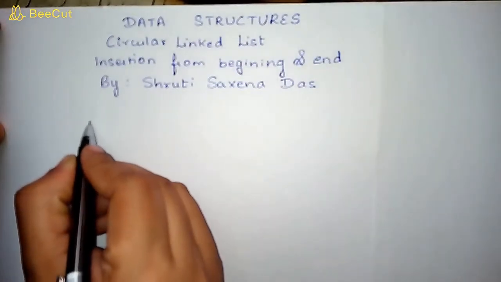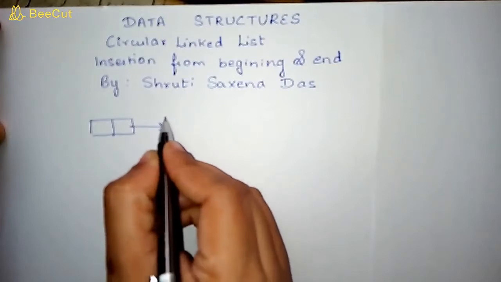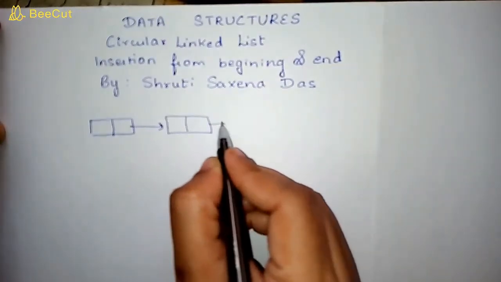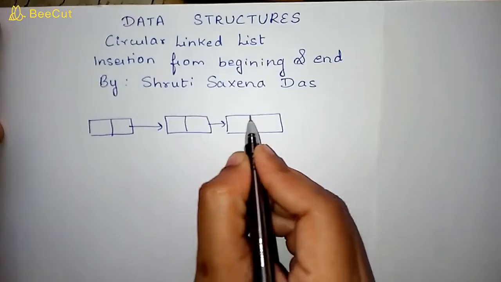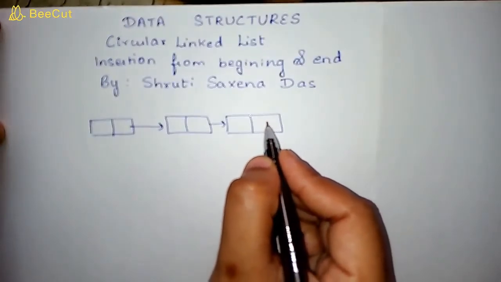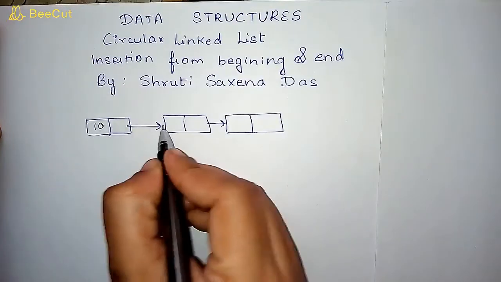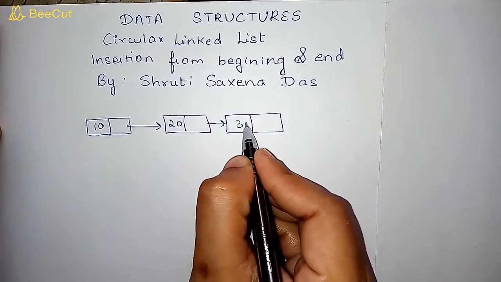In a circular linked list, suppose you are having multiple nodes, say 3 nodes in our linked list. In a normal or single linked list, the address field of the last node contains null. But in the circular linked list, suppose you have data values 10, 20, 30.